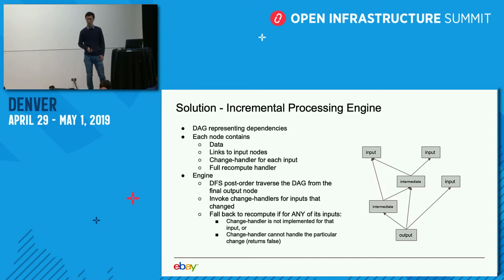So our solution here is implementing an incremental processing engine. We implement that with this DAG diagram to represent the dependency. Each node has its own data and the dependency links to the inputs. It has a full compute handler to define how to compute the output according to the input.